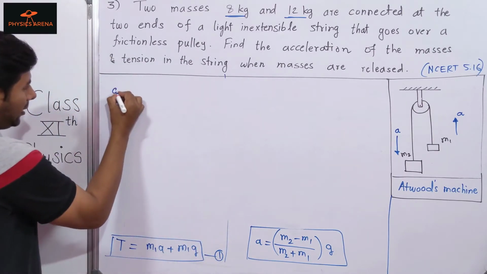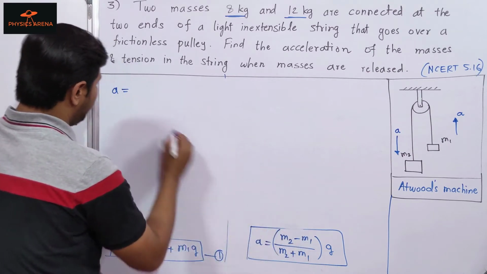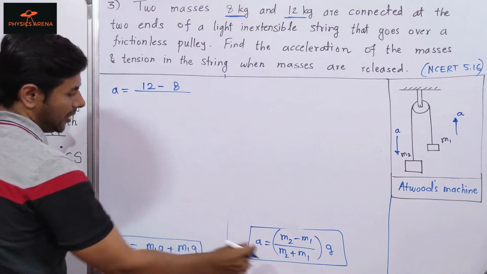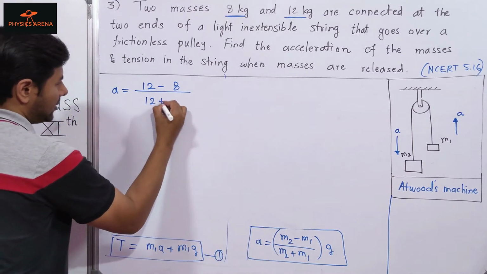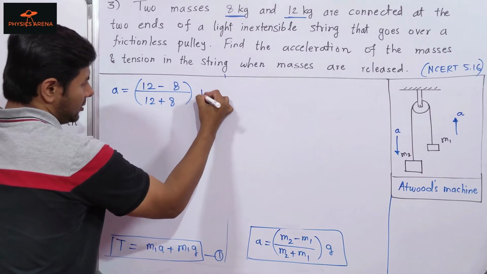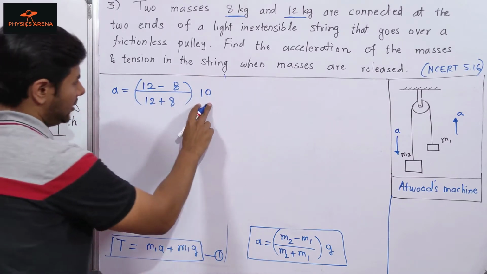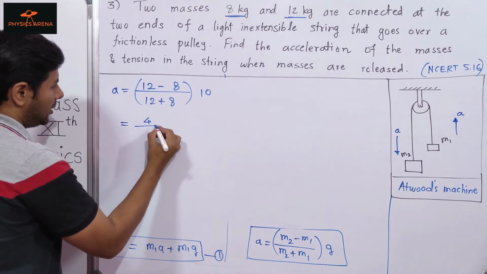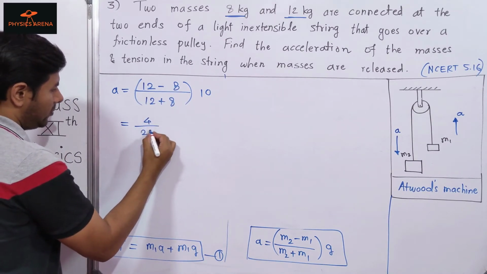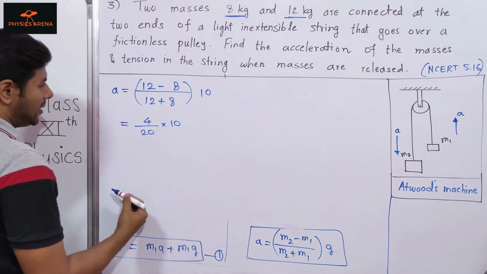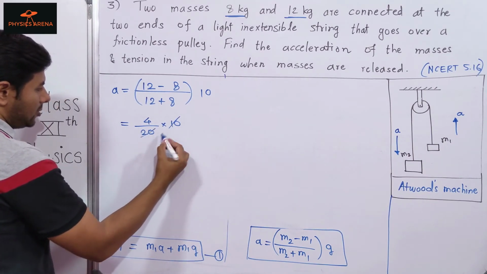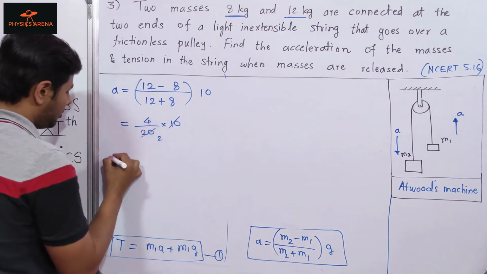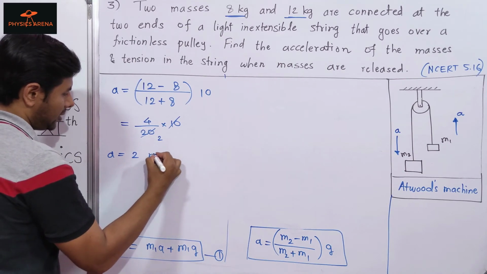So A equals m2 minus m1, which is 12 minus 8, divided by m2 plus m1, which is 12 plus 8, multiplied by g. Let's consider g as 10 meters per second squared. So in the numerator we have 4, in the denominator we have 20, multiplied by 10. So 20 by 10 is 2, and 4 divided by 2 is 2. So we get acceleration as 2 meters per second squared.